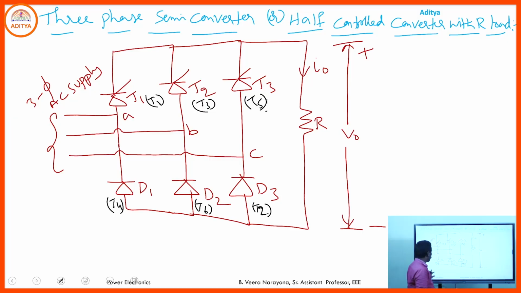First you go through the output voltage waveform. For this 3-phase semi converter we draw the output voltage waveforms for alpha equal to 0, 30, 60, 90 degrees. First you draw the line voltages.